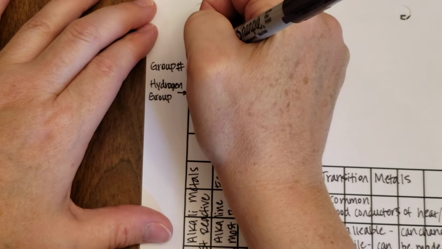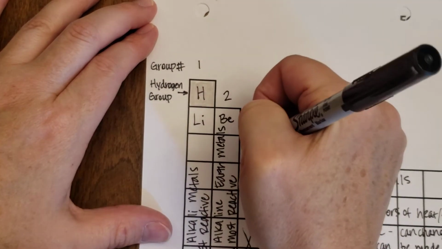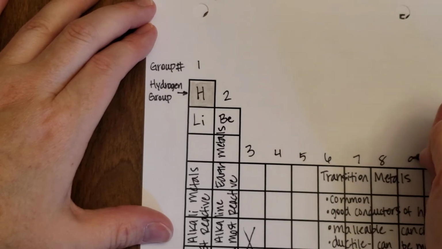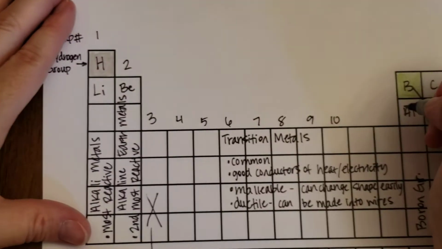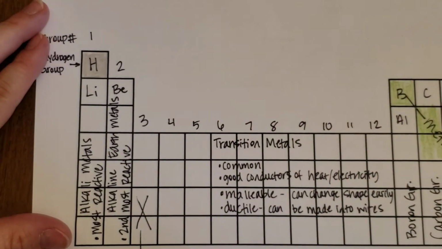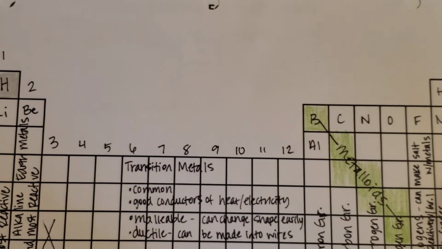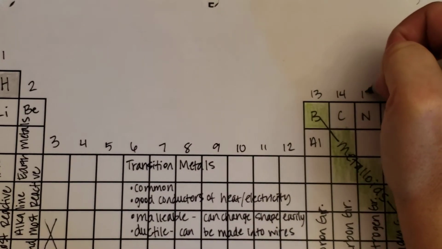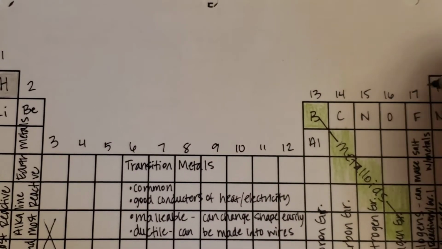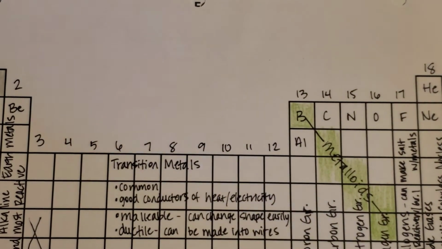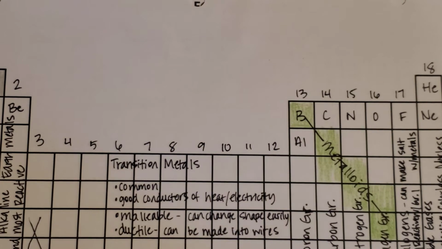So group number 1. 12 takes me to the end of the transition metals. Okay, so now I'm going to switch colors, so I'll label my groups.